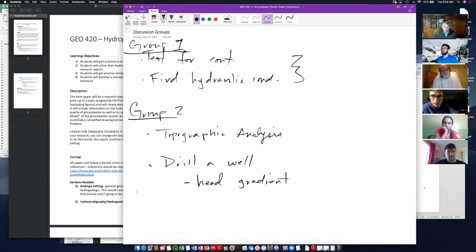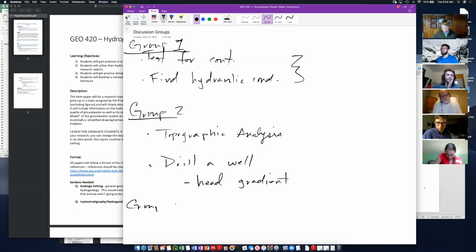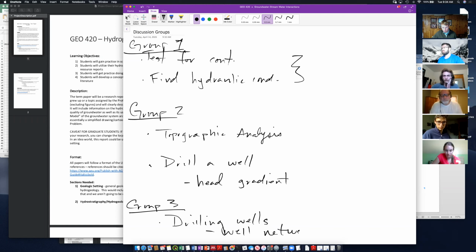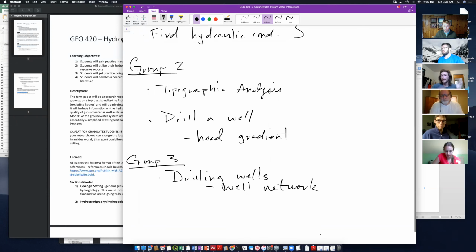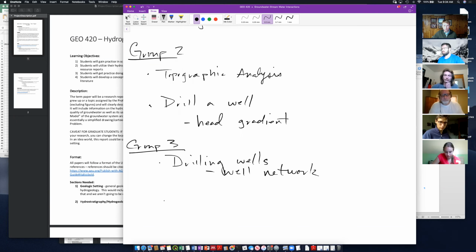All right, group 3. We discussed drilling wells, creating a network of wells and piezometers lateral and down gradient from the paper mill, and also tracking stream stage within the stream. We'd track those throughout multiple seasons to see how the head gradient changes, whether it's gaining, losing, or flow throughout time.